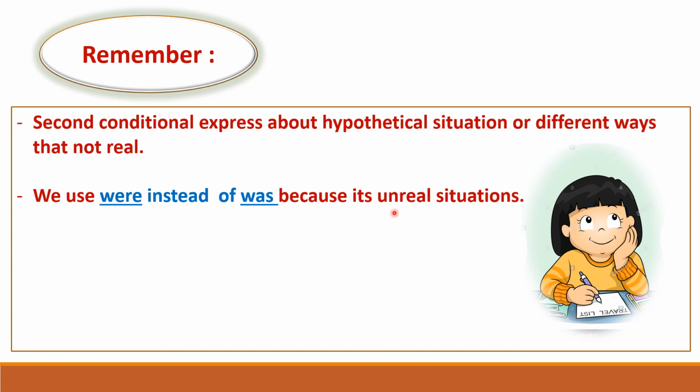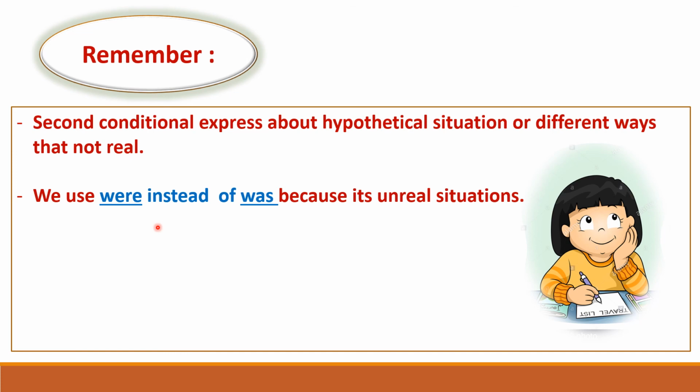It is just impossible to happen يعني نوعا ما لا تحدث في الوقت الحاضر. لذلك بدل was نستخدم were such as when I say if I were a president I would change the education. إذا كنت الرئيس سأغير التعليم.